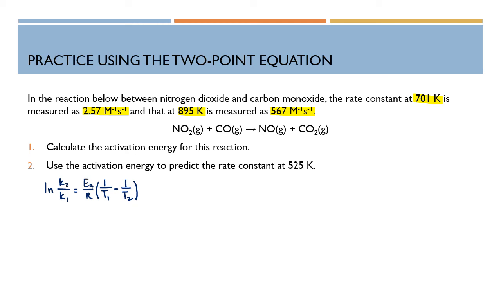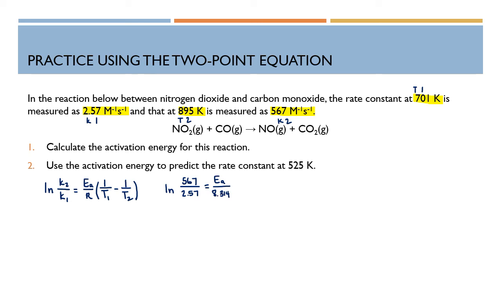Now I'm going to assign values to each of these numbers because I want to be able to go back quickly and look at, okay, what's my T1, what's my T2? So my T1 is 701, my K1 is 2.57, my T2 is 895, and my K2 is 567. I'm going to leave out units here because those units end up just getting canceled out anyway.